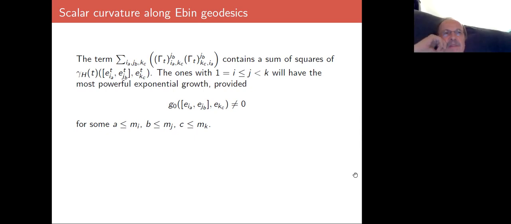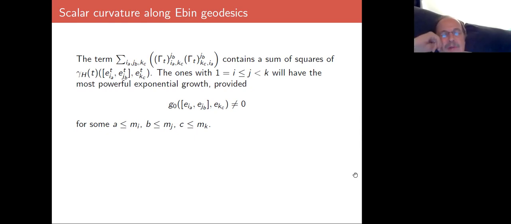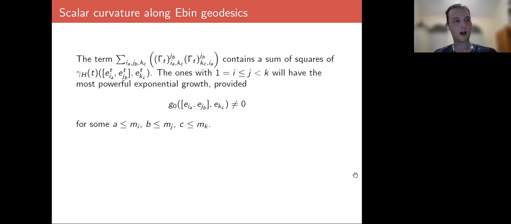So in this context, what's the motivation for looking only at these Ebin geodesics? Is that natural in this context of the infinite dimensional space of metrics? Well, for me at least, the fact that they are geodesics with respect to the most natural Riemannian structure is reason enough.